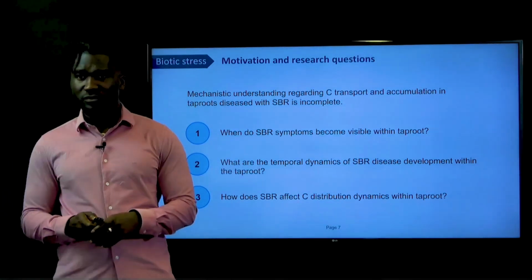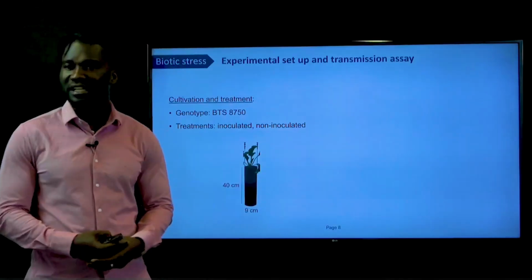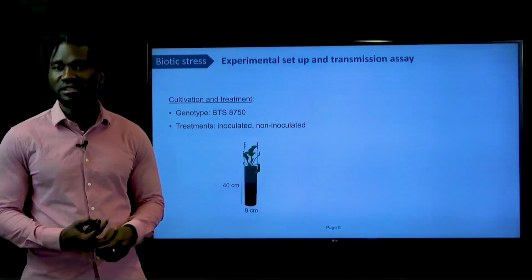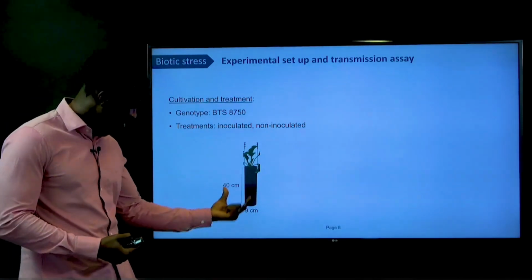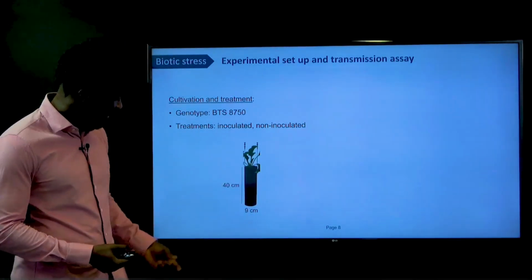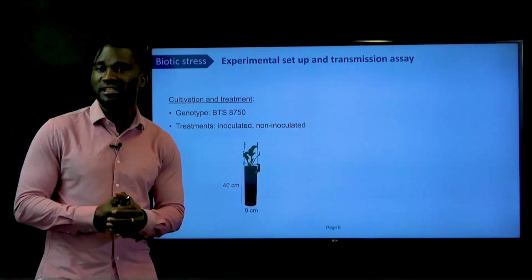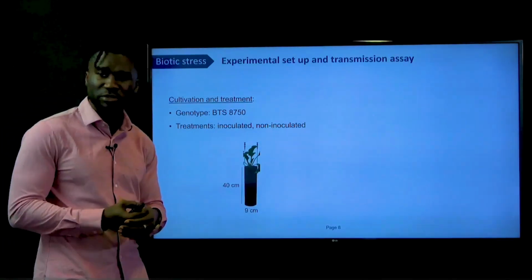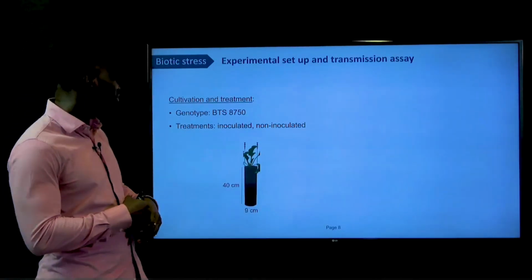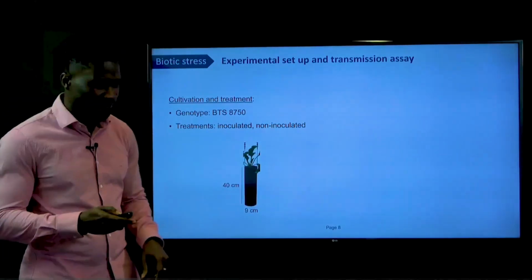Now, to answer these questions, as I've outlined, we set up an experiment by cultivating sugar beet in microcosms of 40 centimeter height and 9 centimeter diameter to comfortably accommodate the developing sugar beet taproot. We employed one single sugar beet genotype and established 2 main treatment groups, that is the inoculated and the non-inoculated.